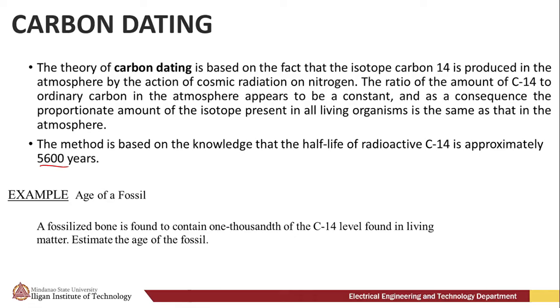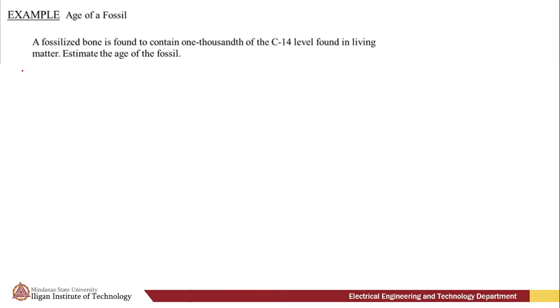So to apply a differential model for carbon dating, we have an example here. A fossilized bone is found to contain 1/1,000th of the C14 level found in living matter. So we have to estimate the age of the fossil. What we know is that at t equals 0, the amount of C14 is equal to A sub naught.